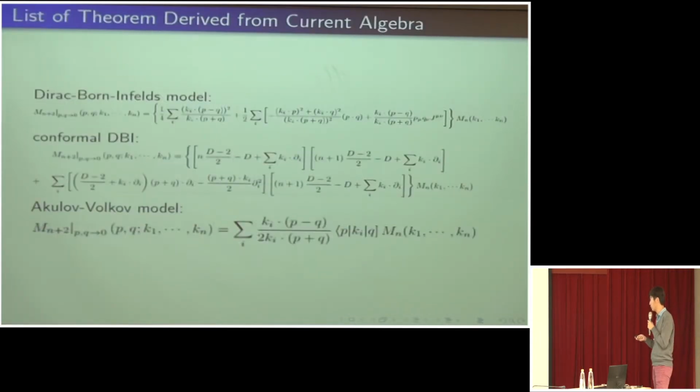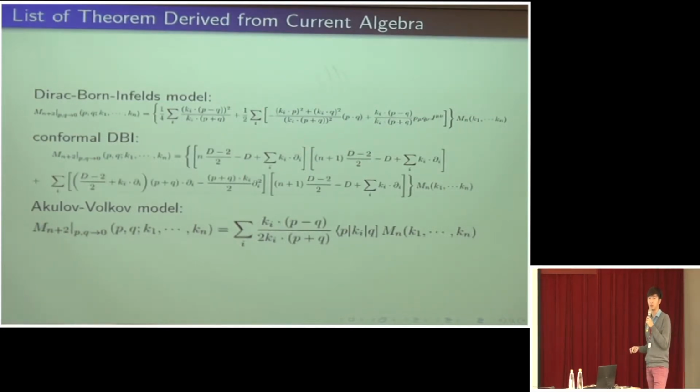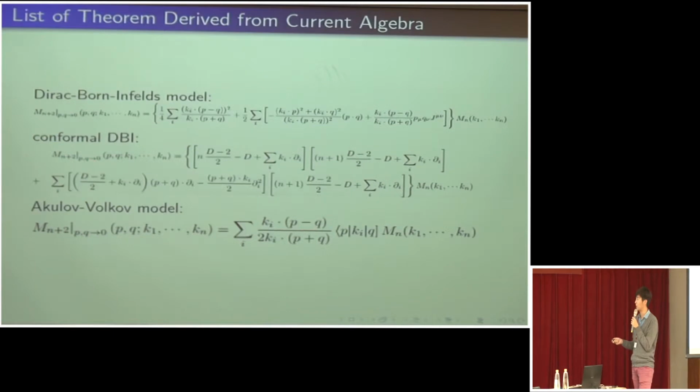For example, we derive the double soft theorem from this method for DBI, where this is the leading part, and that is the subleading part. And in principle, we can derive the sub-subleading part. For conformal DBI, the leading and subleading parts are derived by this method.